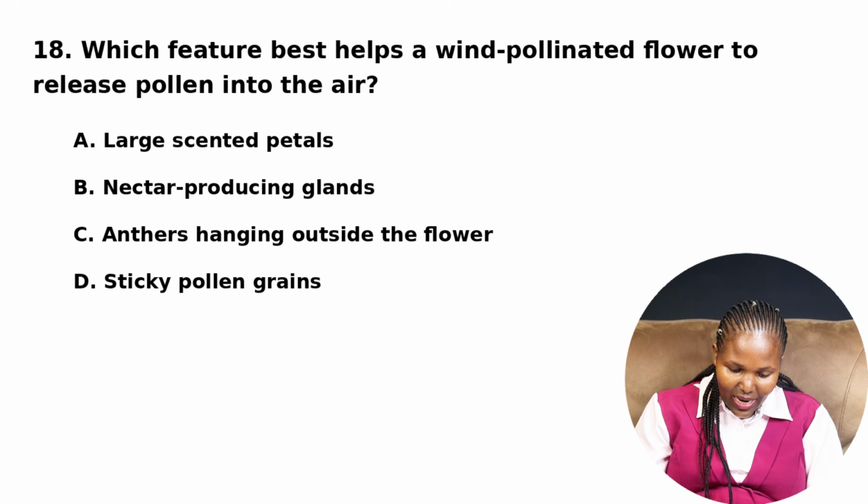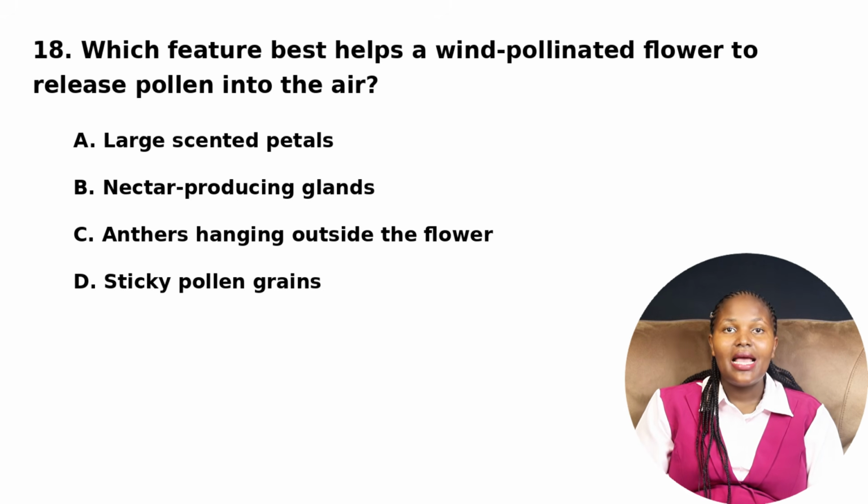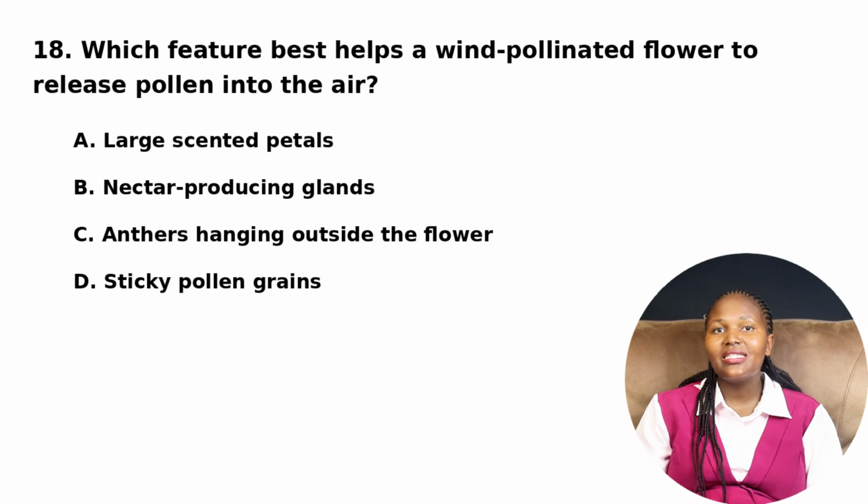We have A, large scented petals, B, nectar-producing glands, C, anthers hanging outside the flower, D, sticky pollen grains. Here, the correct answer is anthers hanging outside the flower, C. Why? Because correctly exposed anthers allow wind to carry pollen. When the anthers are exposed, they allow the wind to carry pollen.